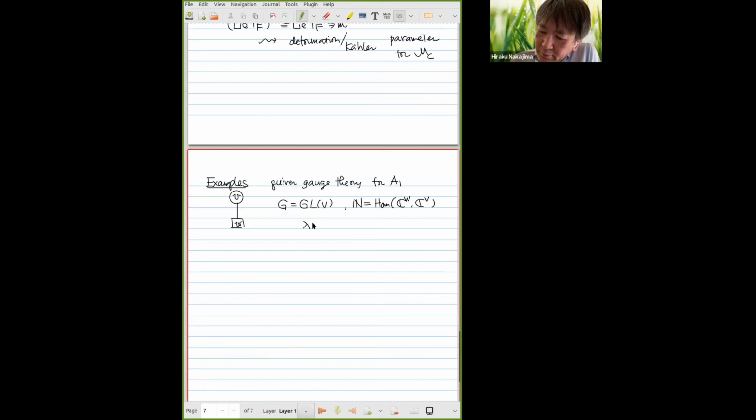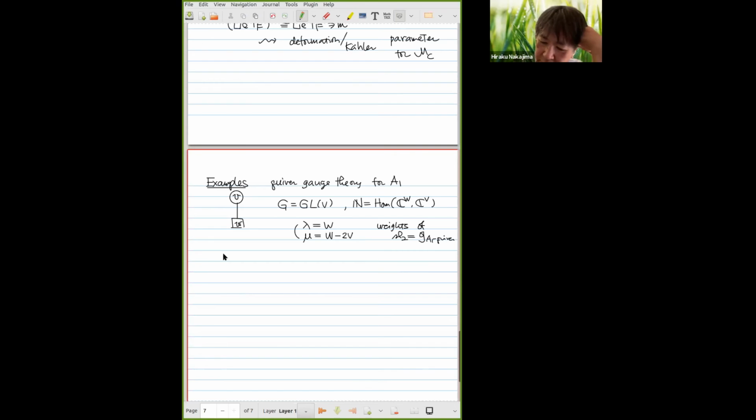I use the following notation: lambda is W, and mu is W minus 2V. I consider these as weights of sl_2, the Lie algebra associated with the A1 quiver. If you forget these framing nodes, then you get type A1 Dynkin diagram.